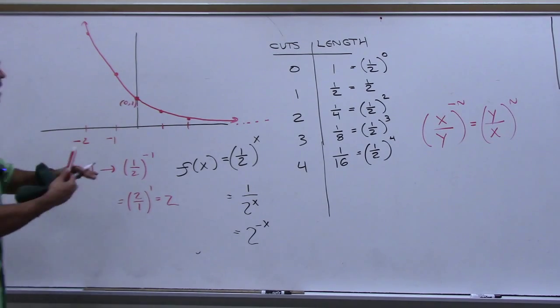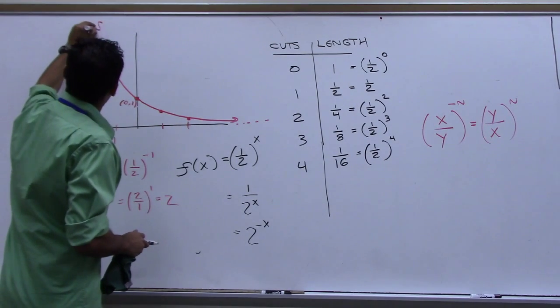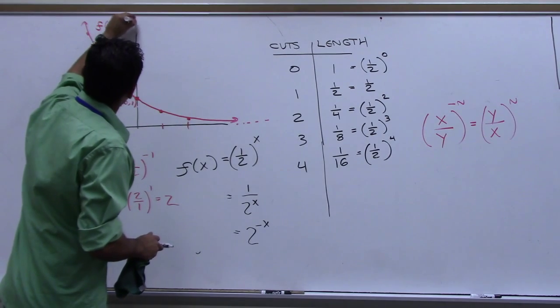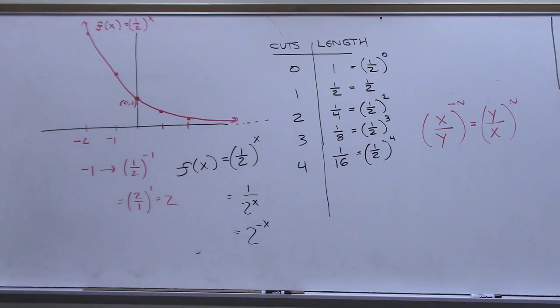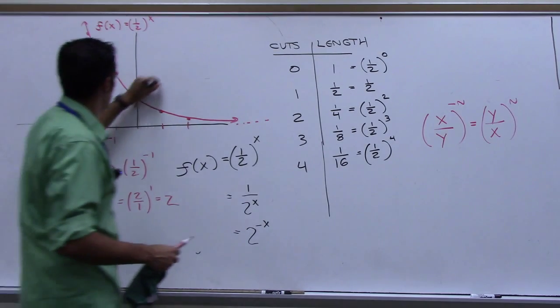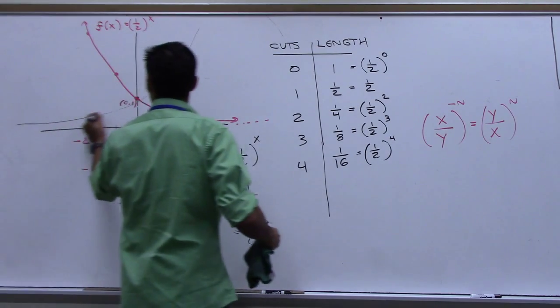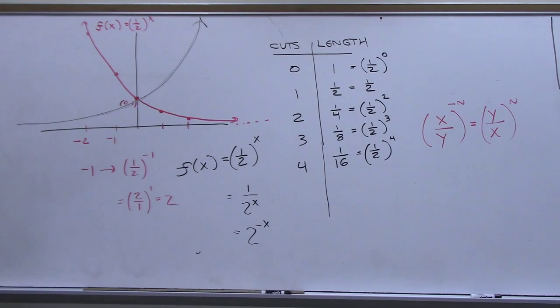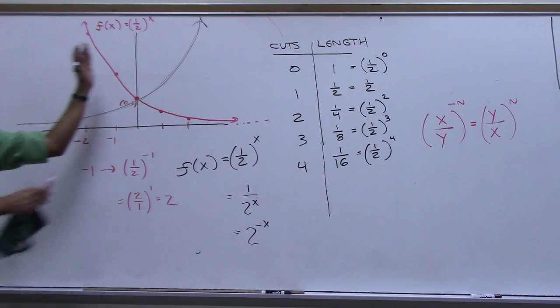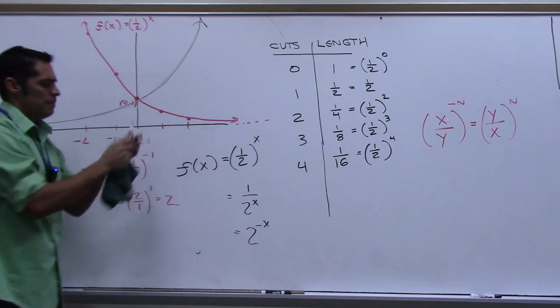So this is the graph of f of x equals 1/2 raised to the x. When you compare that to 2 to the x, which is the one we did before, they're very similar, except they're just mirror images, aren't they? Just take that and flip it.